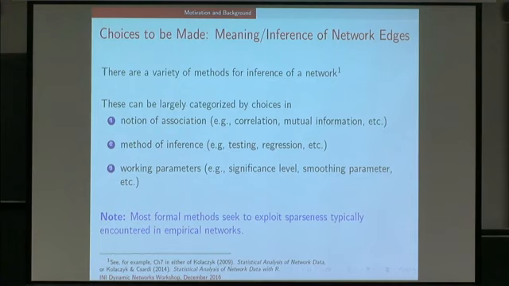Very often it's, well, I used correlation, or I used mutual information. That's considered a small detail, and then they move on to what they want to talk to you about. That's where I usually slow down a little and say, let's talk through correlation and mutual information, because each of them is a decision, dictating a certain meaning to the edges in your network.